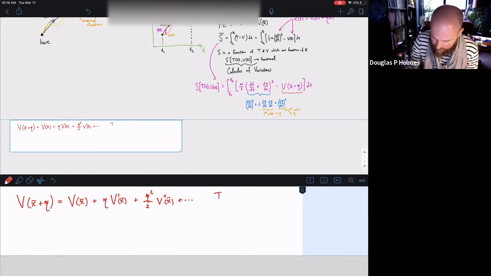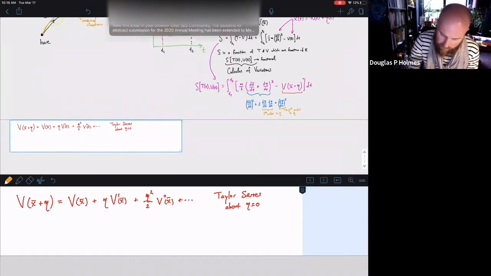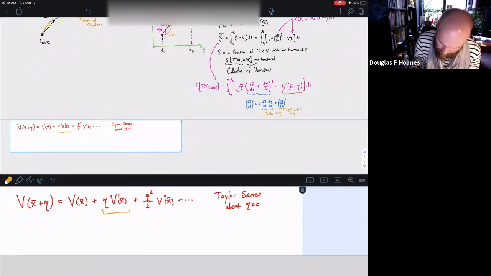So this is a Taylor series expansion about eta equals 0. And now again, you see the same thing. We do this series expansion here. This is first order in eta, and this is second order in eta.